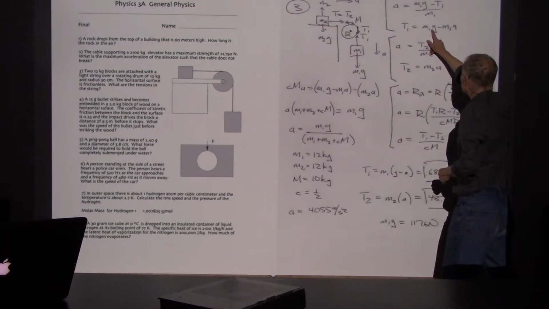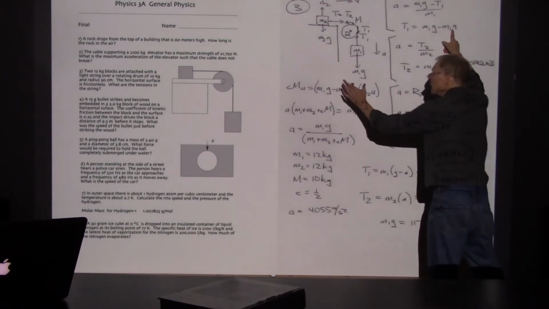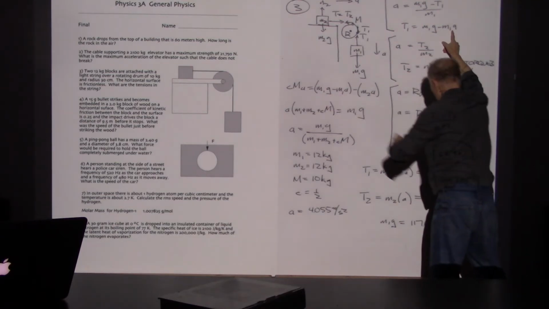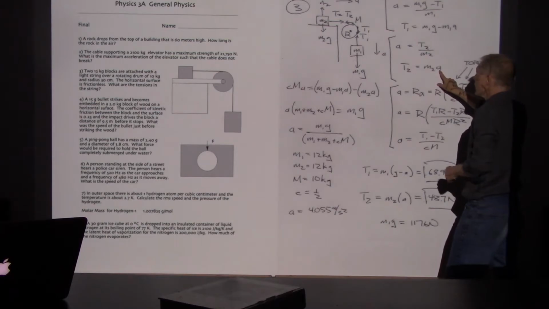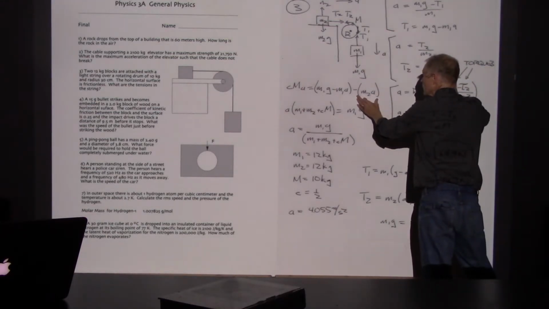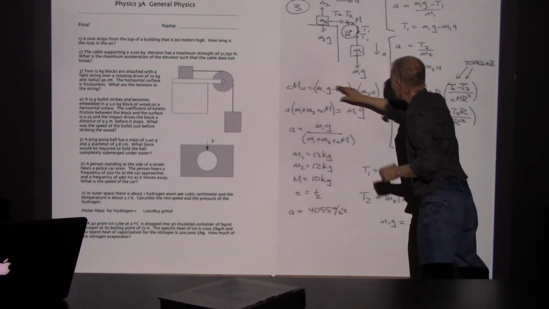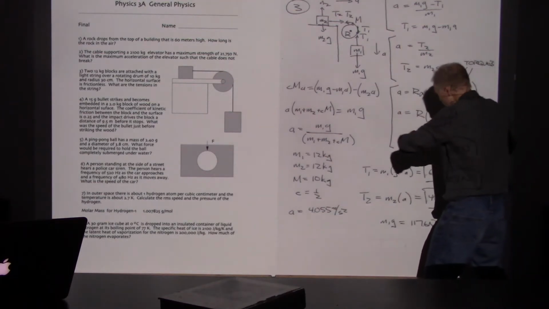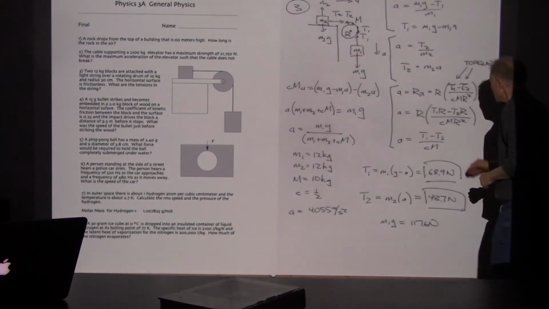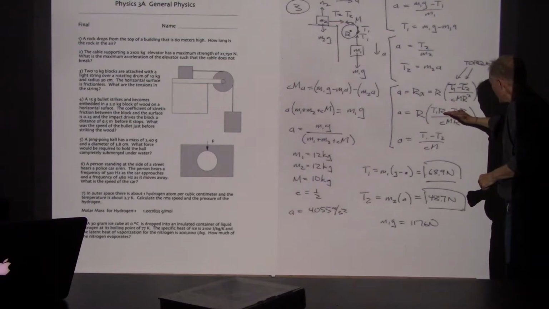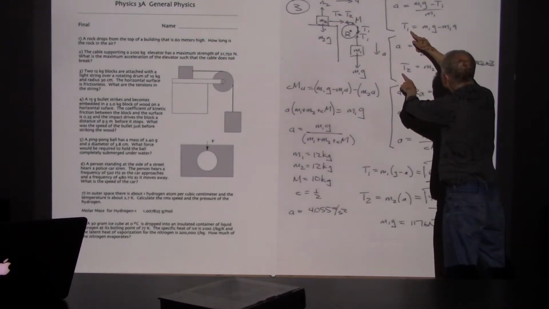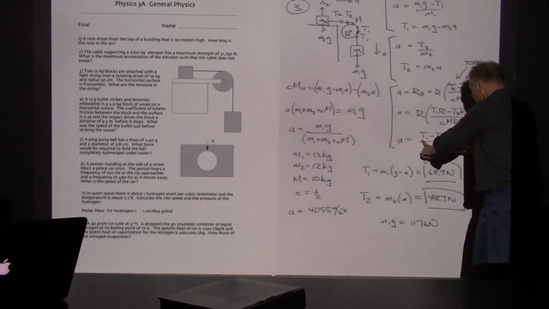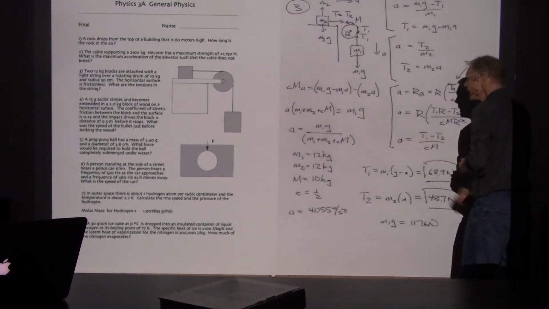T1 is m1g minus m1a. That goes in here. And T2 is m2 times a. That goes right here. So I did this column first, and then I moved to the left side. We got all the way through the rotational stuff, and then I took the T2 and the T1 from here, plugged into this formula, brought the Cm over.